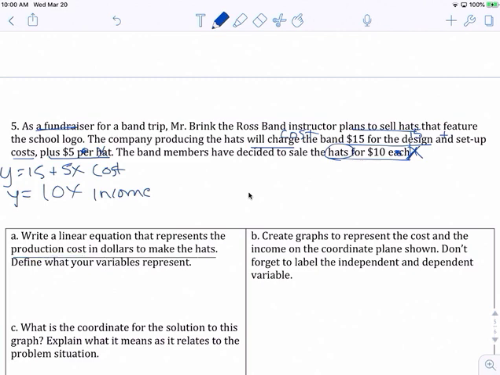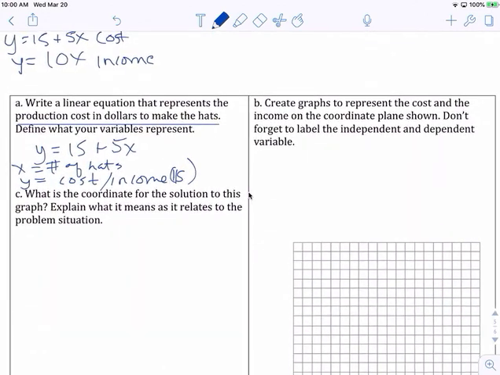Write a linear equation to represent the production cost in dollars. To find the cost is Y equals 15 plus 5X, where X is the number of hats and Y is the cost or income in dollars. Okay, what is the coordinate for the solution of this graph?